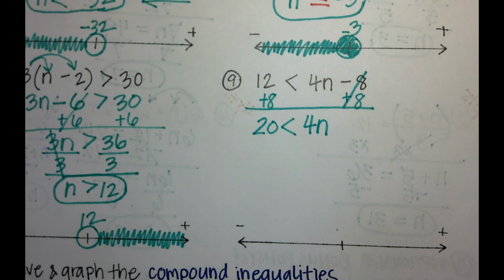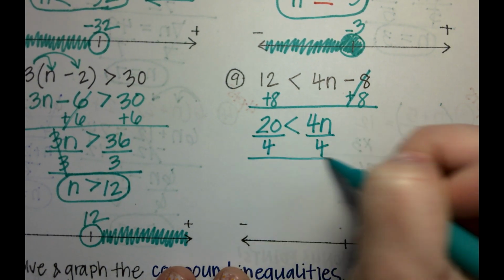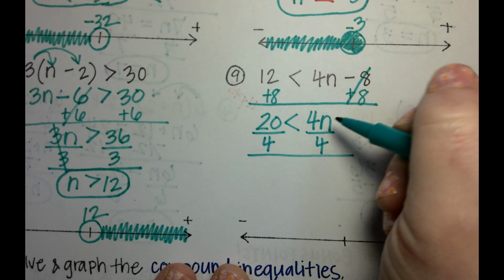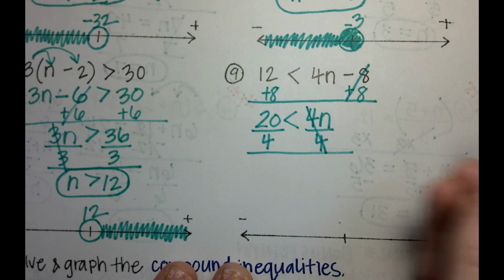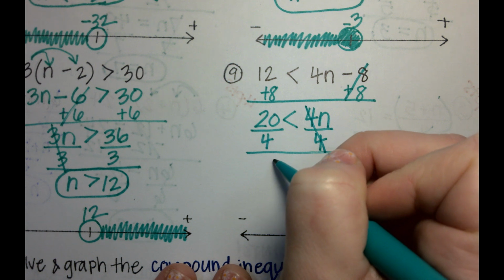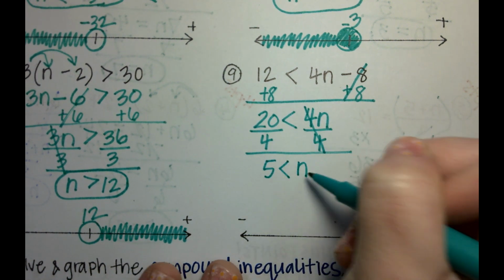Divide by 4. Good. Let's divide by 4. And my 4's will cancel. I'll get 20 divided by 4 is 5. 5 is less than n.